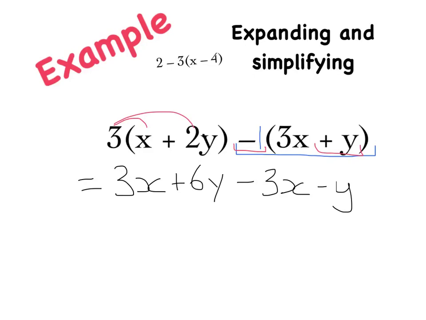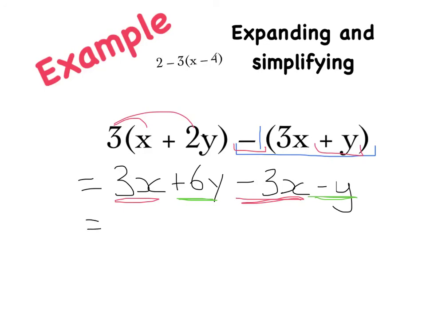Okay, oh, holy moly, what have we got going on here? Now, I've got 3x plus 6y minus 3x minus y. I can actually simplify because I've got some like terms. I've got a 3x here. I've got a like term of negative 3x there. I've got 6y here, positive 6y, negative y there.